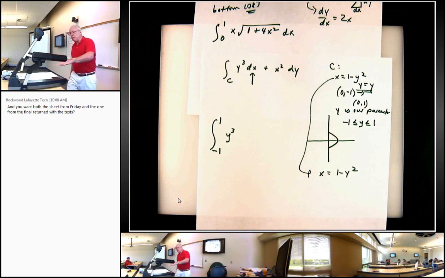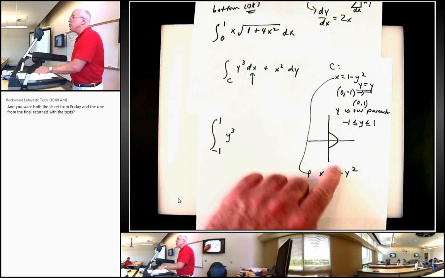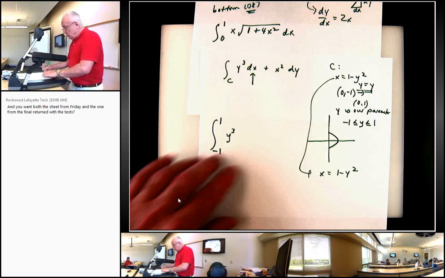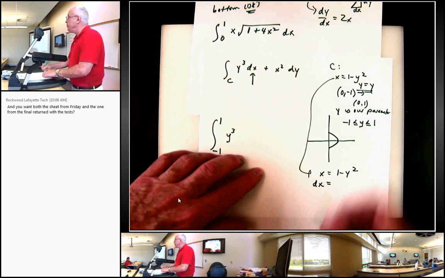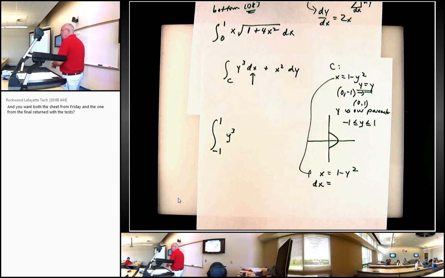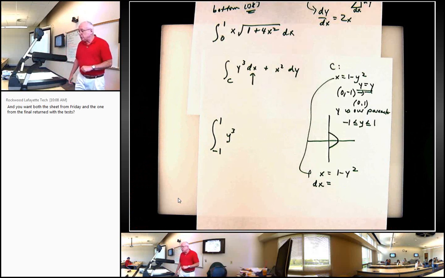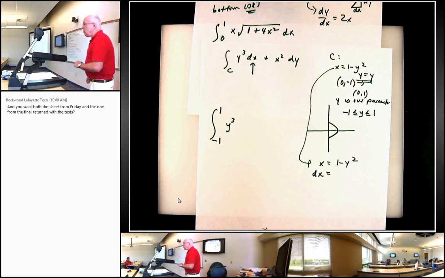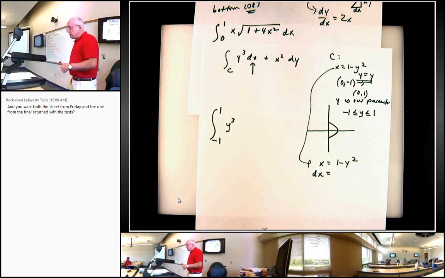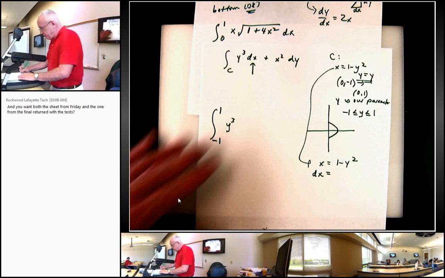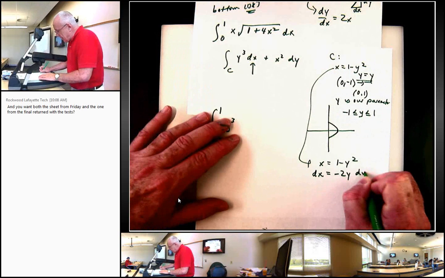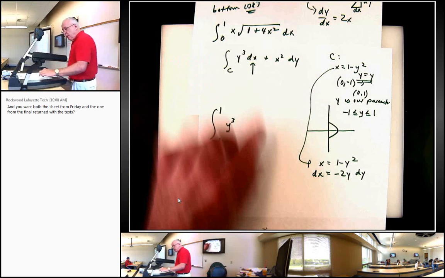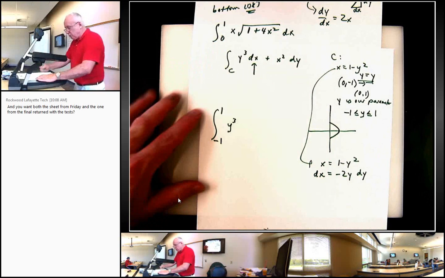We need to replace the dx in terms of dy, because y is our parameter. So just like you do when you do substitution, this dx is going to be replaced by what? Do the derivative of the other side, which is going to be negative 2y, and then we tack on the dy. So I'm going to replace, because this integral is with respect to y.